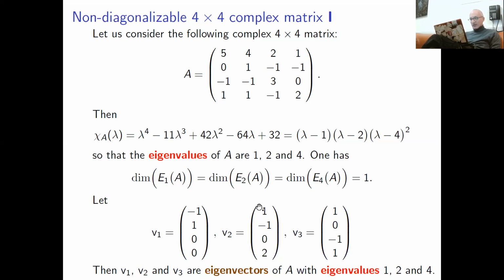Basis of this kernel is this vector 1, minus 1, 0, 2. And here, I have a basis given by this vector. These three vectors are, by definition, eigenvectors of my matrix A with eigenvalues 1, 2, and 4 respectively.